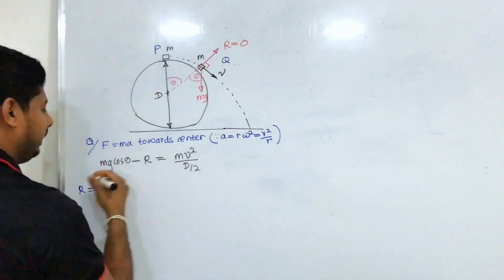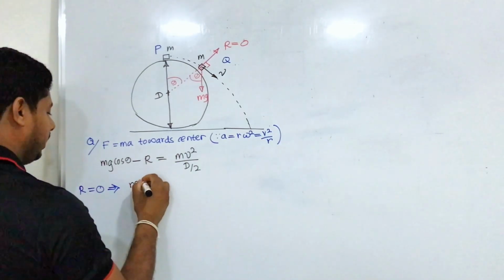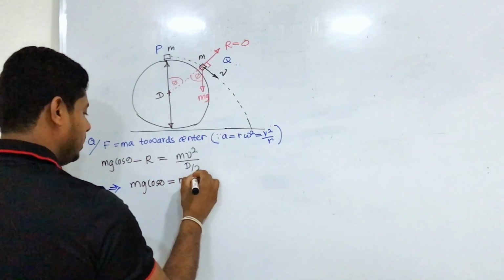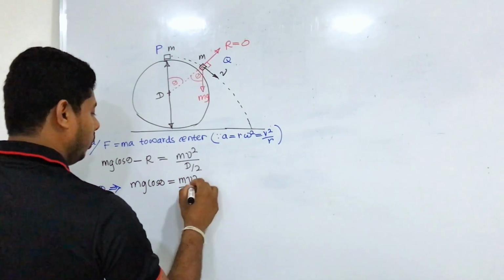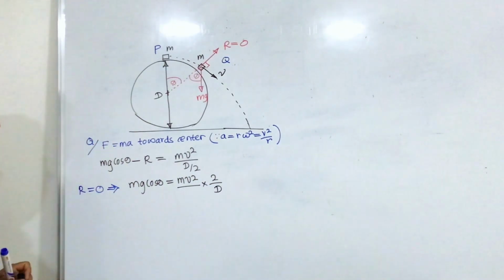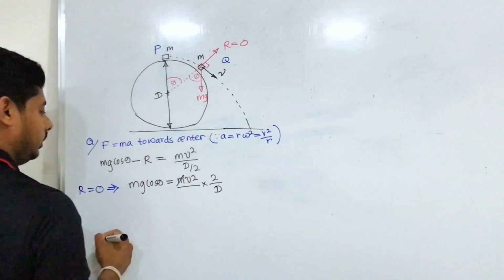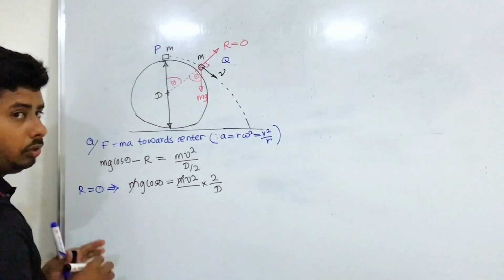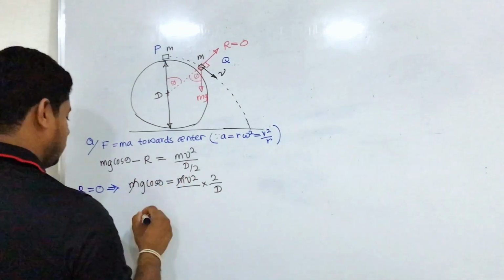So when you apply the R equals 0 condition here, you can take mg cos theta is equal to m v square over d over 2. So I can put it this way. Here you can cancel out m, and you can get an equation for v square.